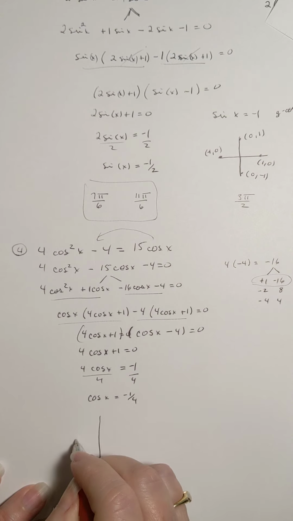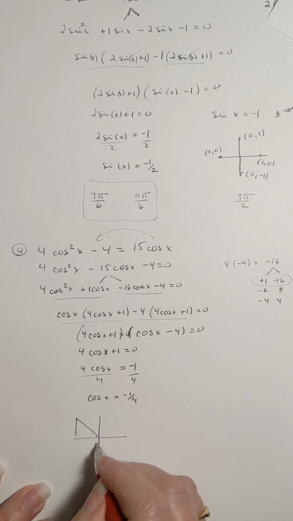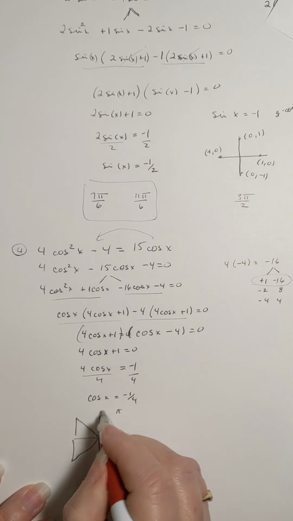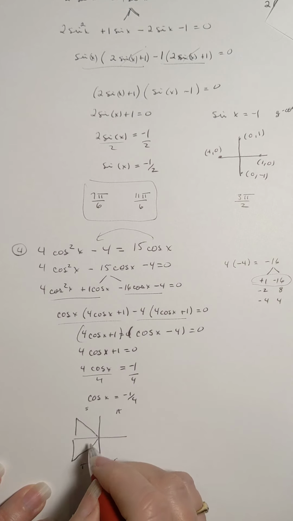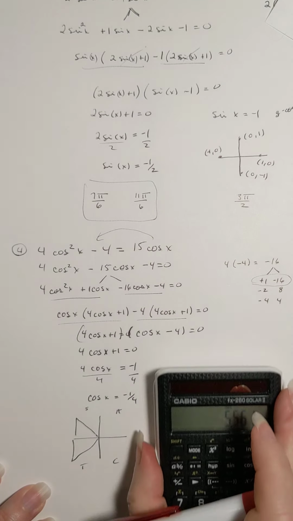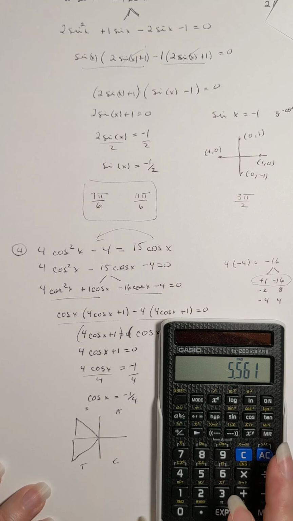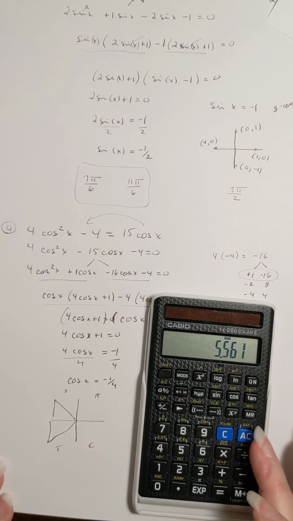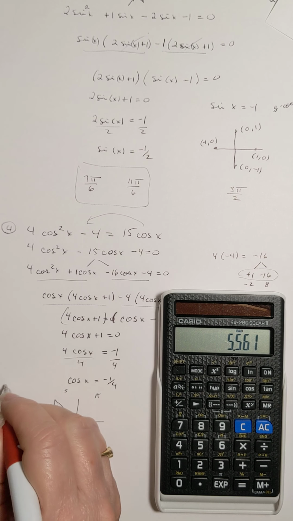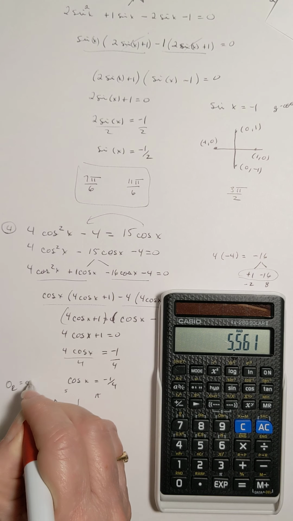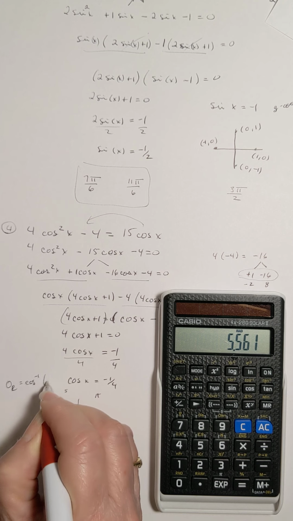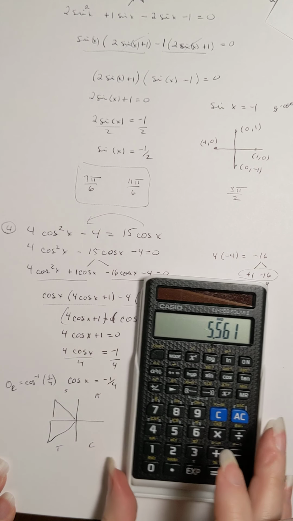So here I'll have 2 triangles, and again, all students take calculus, and using my calculator in radians, I'm just going to use my theta reference equal to cosine inverse of 1/4. So you do the positive one.